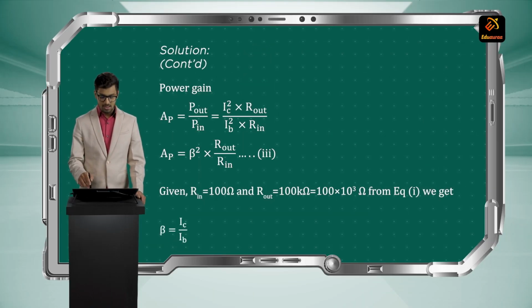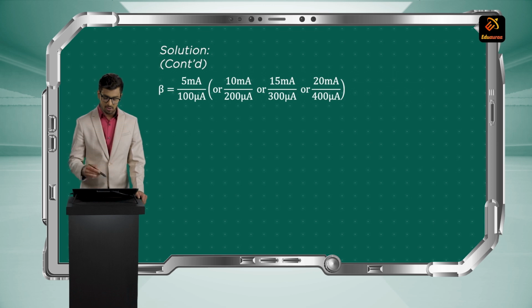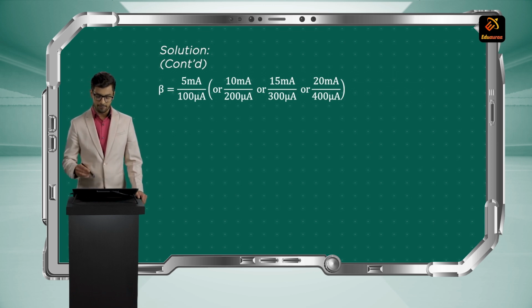Beta is IC upon IB, so let's come back to the graph. IC is on the y-axis and IB is on the x-axis. Beta, which is IC upon IB, is the slope of this graph. We can take any point, like 100, 5 or 200, 10 or 300, 15 or 400, 20, and divide the y quantity by the x quantity.